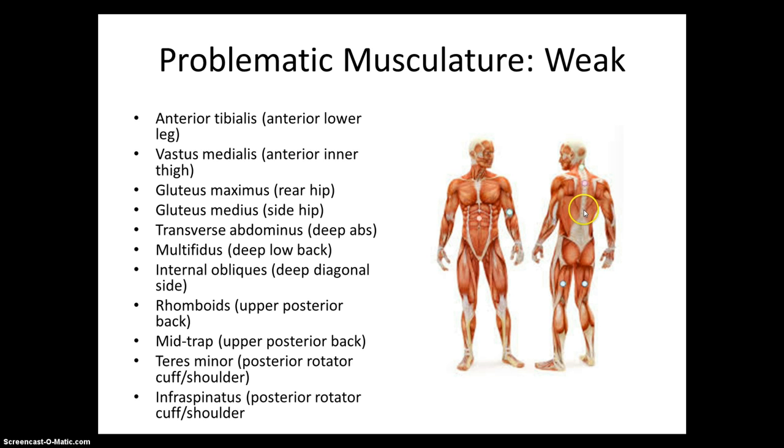Multifidus, also a deep muscle, which is like a braided rope up the spine. Internal obliques and external obliques, again on an oblique angle, here on the abdomen. Rhomboids are underneath the trap right here and in between the two shoulder blades. Mid trap right here. Teres minor, again the back side, and infraspinatus on the posterior rotator cuff.